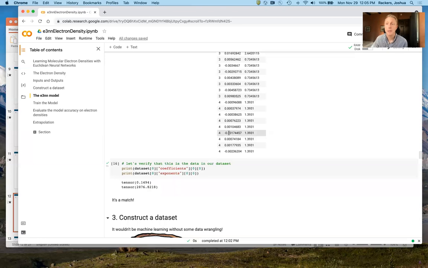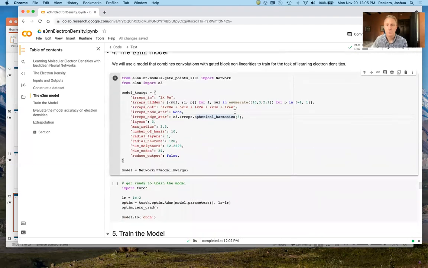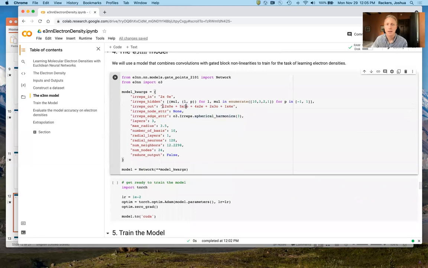The network needs to know when it's predicting a given coefficient, what does this belong to? And so that's what's being done here in eReps out. This is saying there are 12 scalars, 5 vectors, 4 rank 2, 2 rank 3, and 1 rank 4 coefficients to predict from the network.